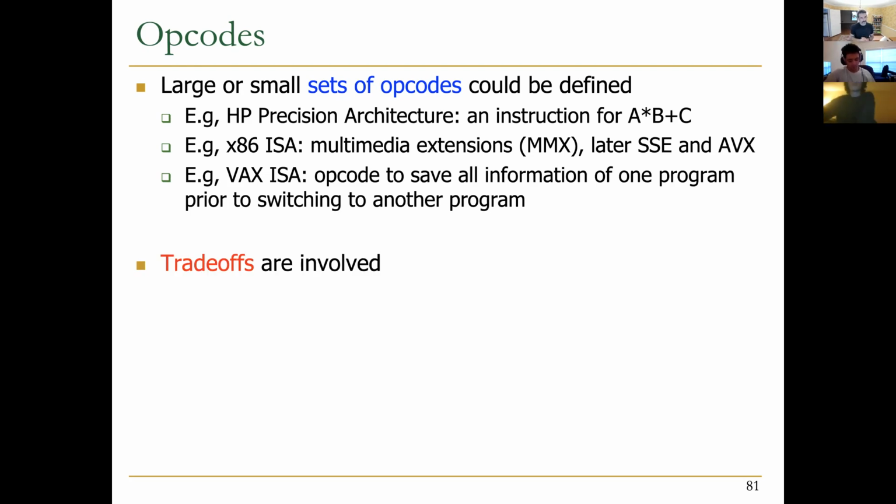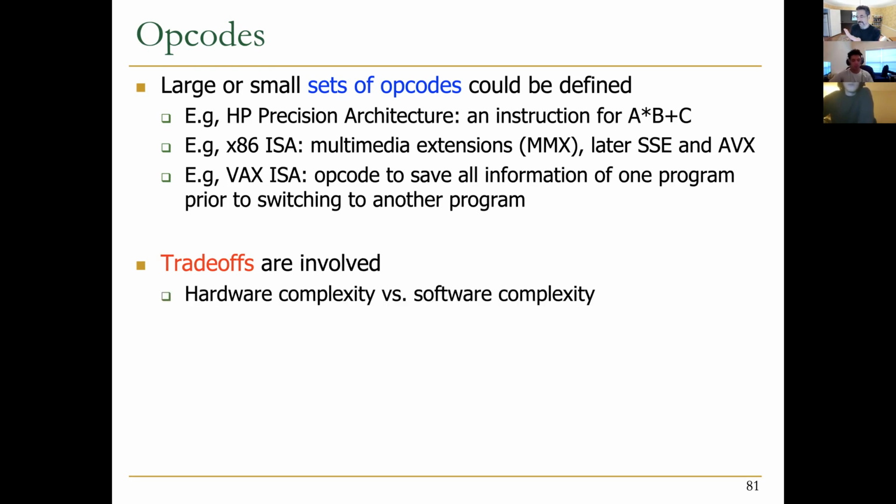And there are some reasons for this difference in complexity, and this trade-off we also discussed. It really depends on where we want to put the ISA. If we have complex instructions, the job of the programmer would be a lot easier.